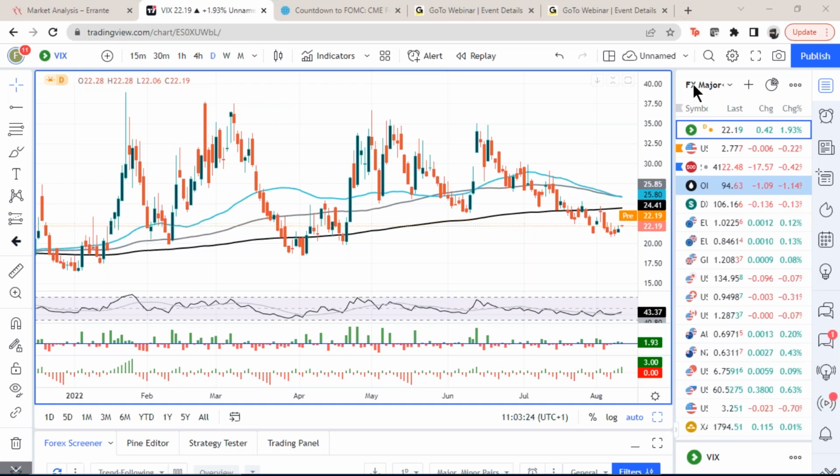With low volumes and low liquidity, volatility can pick up, which leaves us head scratching sometimes as to why the market has moved. But a lot of the time, especially in the summer months, it's just because of this low liquidity and low volumes.